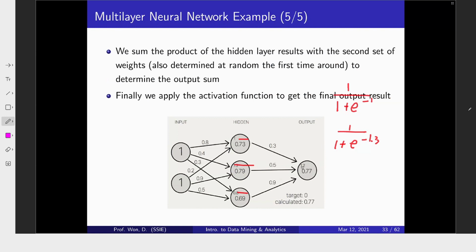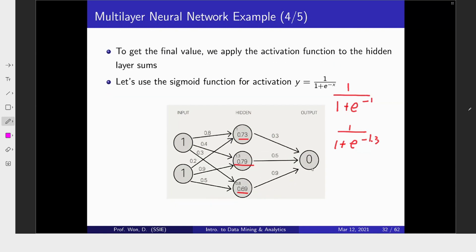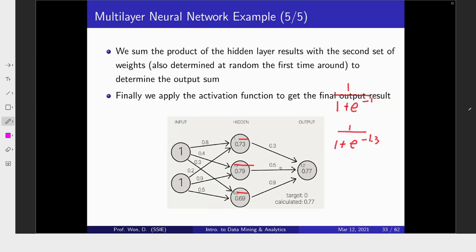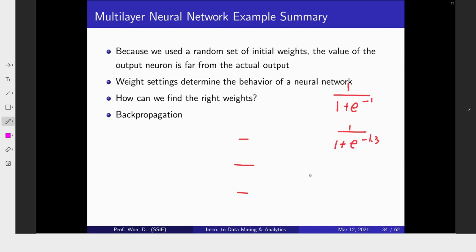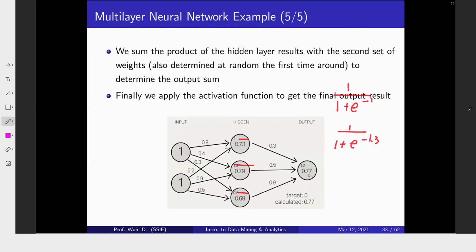Then apply the activation, and ours is 0.77. But think about it, our intended output is 0. Through all these weights, we end up with 0.77. So why did it happen? Because we are just using random numbers.